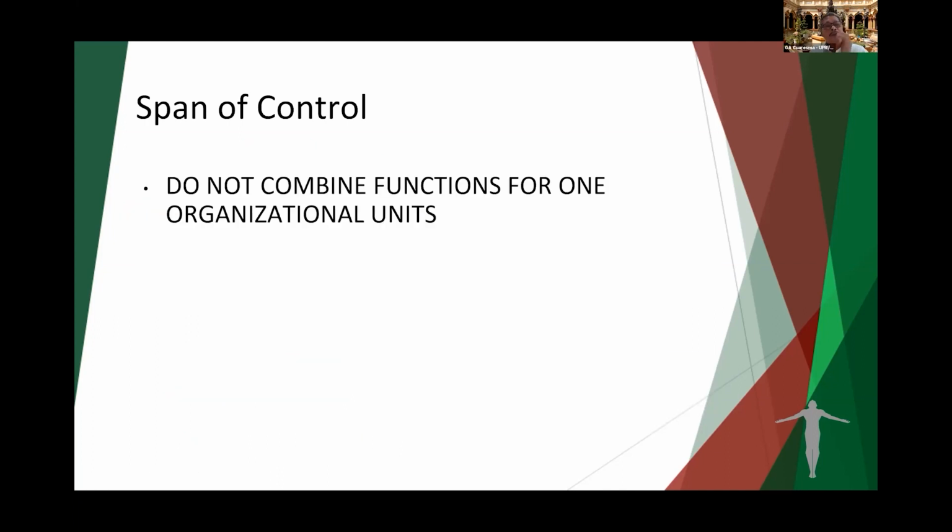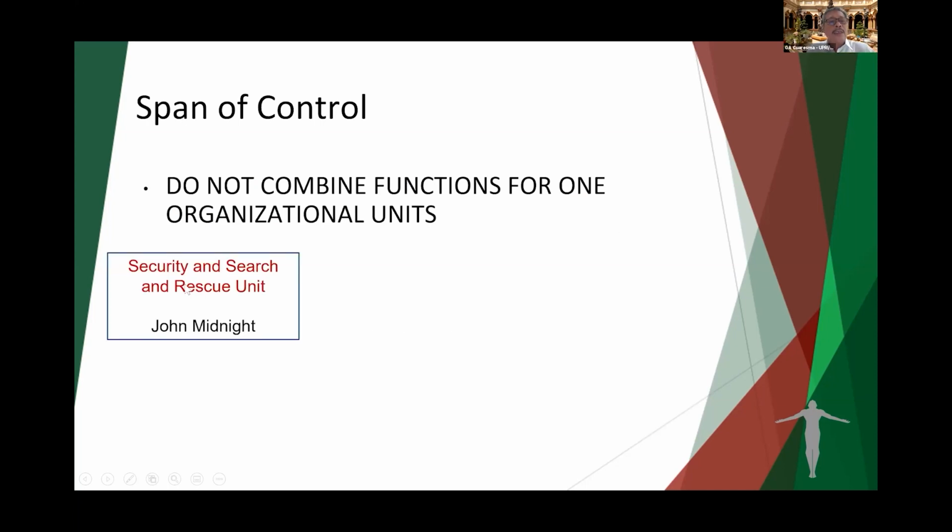Now, also in the span of control, do not combine functions for one organizational unit. What do I mean here? I have seen some ICS having a combined security and search and rescue unit. So this unit not just performs search and rescue, but they also conduct security services.